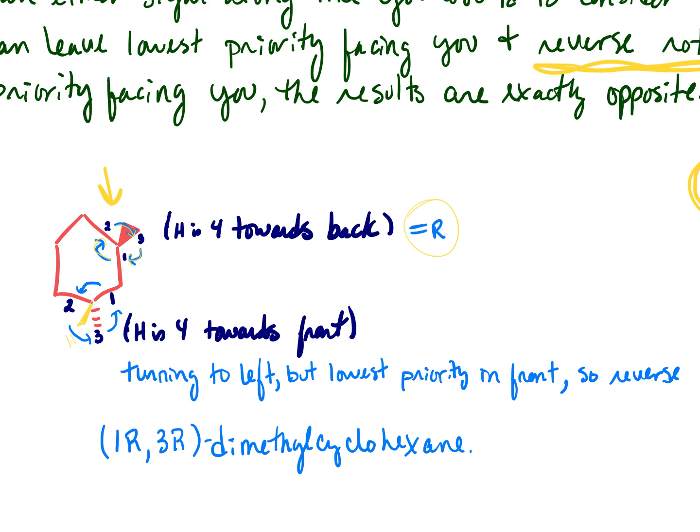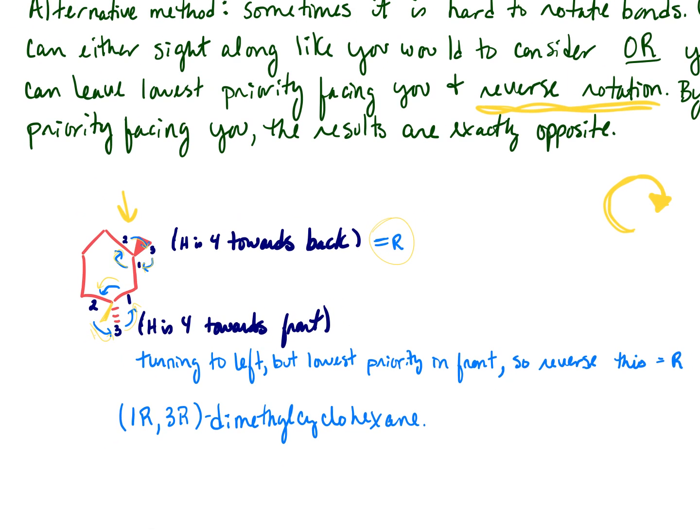Well, okay, so let's figure things out. If we put 1 goes to 2, 2 goes to 3, 3 goes back to 1, that is going to the left, but the lowest priority is in front. So we just need to reverse that. And what that means is that both of those are R.